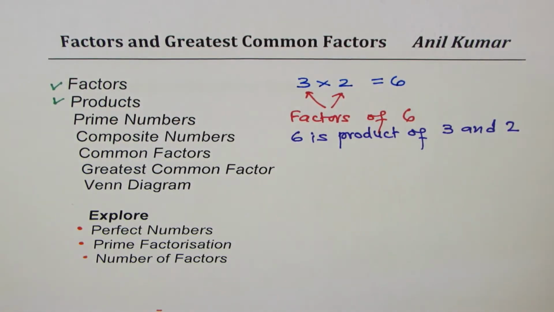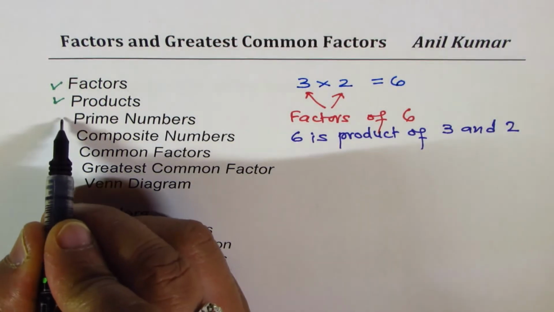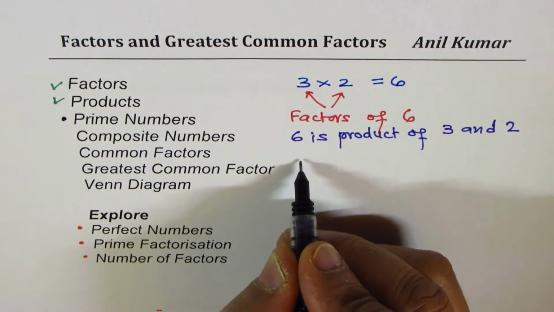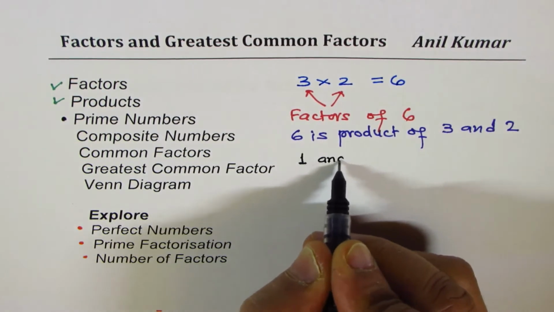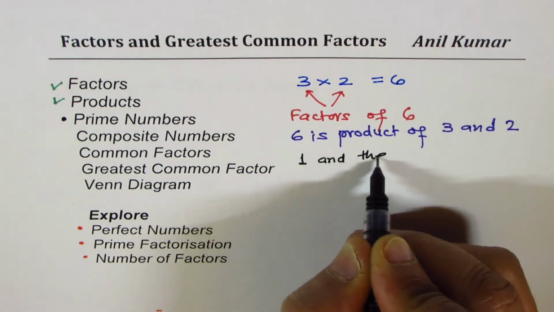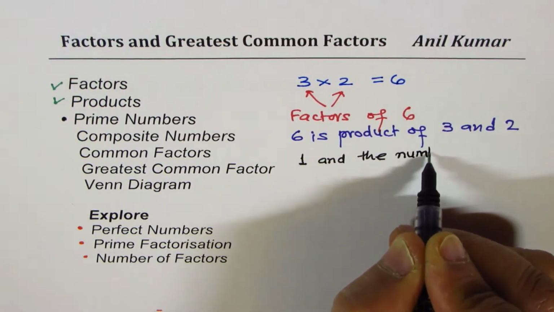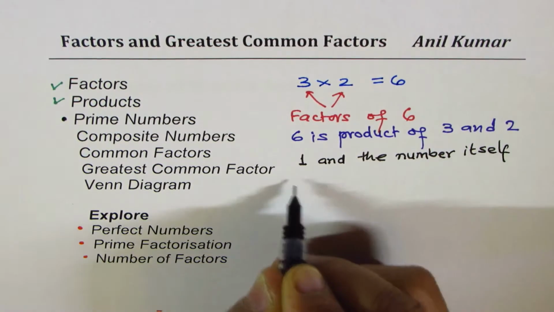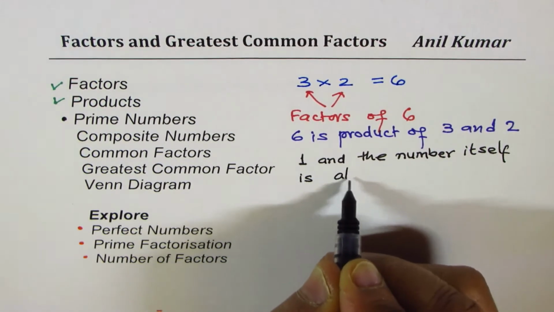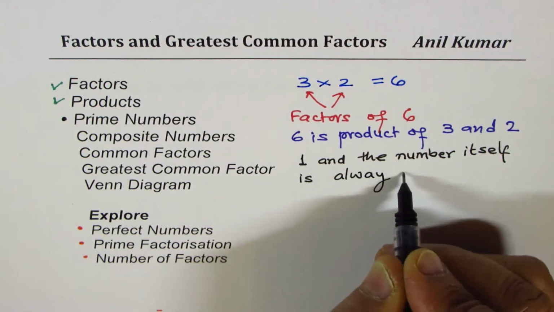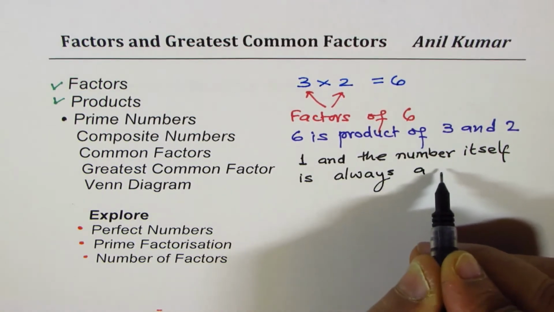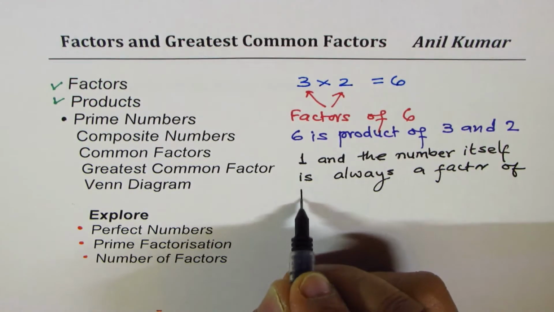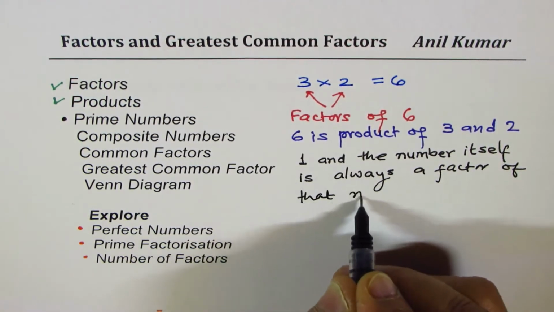So that brings us to the topic of prime numbers. So always if you take up any number, then 1 and the number itself is always a factor of that number.